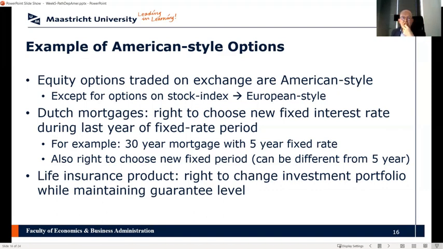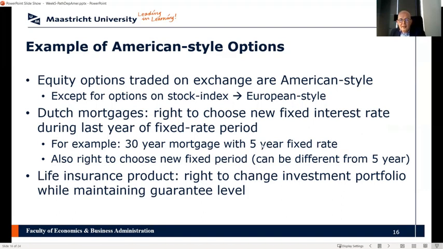There are two choices that you can make. You can do this timing choice that makes this option American style or limited American style. And furthermore, you have the right to choose a different type of fixed rate for your next period, as long as it does not exceed the total maturity of 30 years.